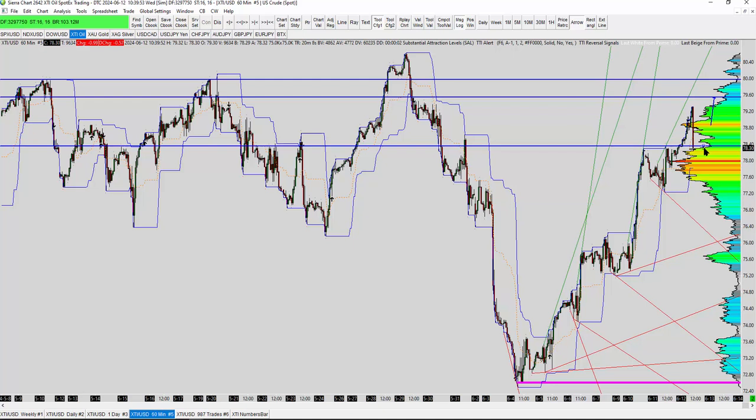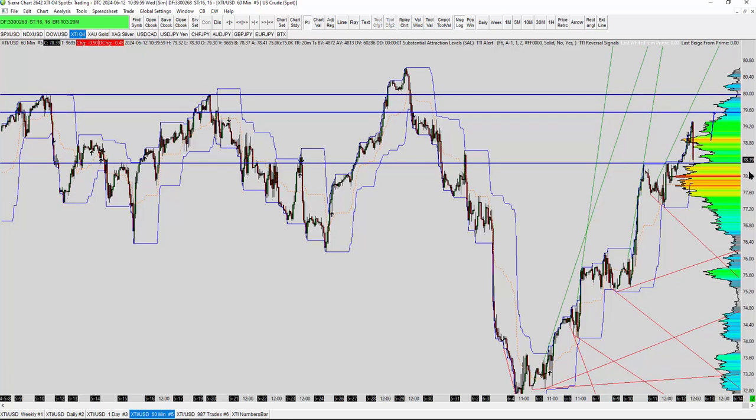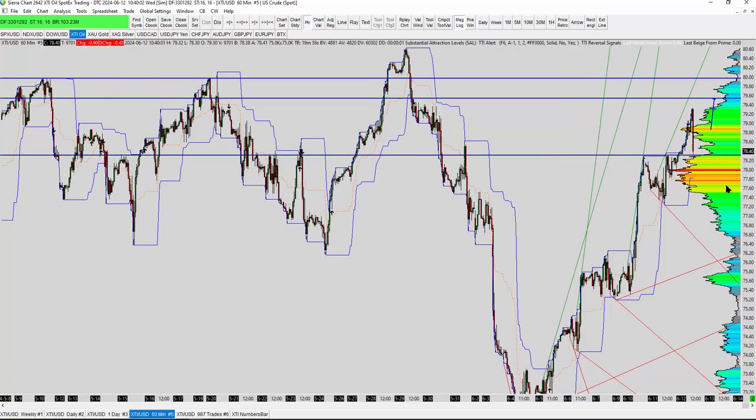Now this is a zone here. You notice how below it is a solid, all looks like one. So this is a continuation zone. So once we stabilize in this area, it means we are rejecting it. So I'm looking for a long like this. So now we're looking for confirmation, right?